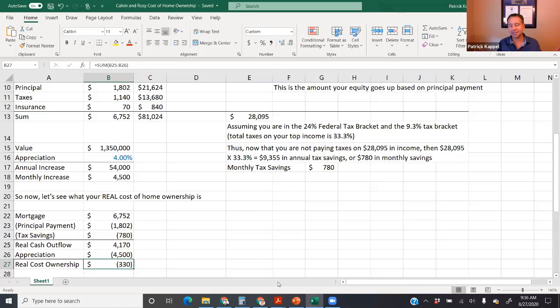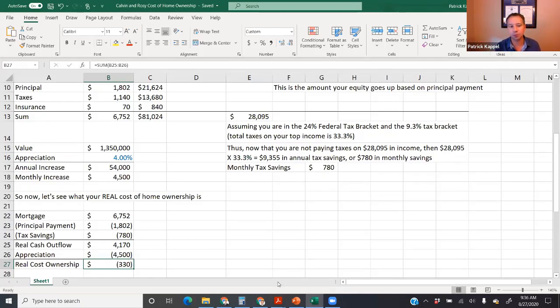So let me step back a second. You might be like, Patrick, they're not getting paid. Nobody's writing them a check for $330. And you're right. They're not getting paid in the conventional sense of getting paid $330 to live in the house, but they're getting paid in this sense. If they rented for $3,000 a month, their net worth is going down $3,000 a month. They're losing that $3,000 a month.